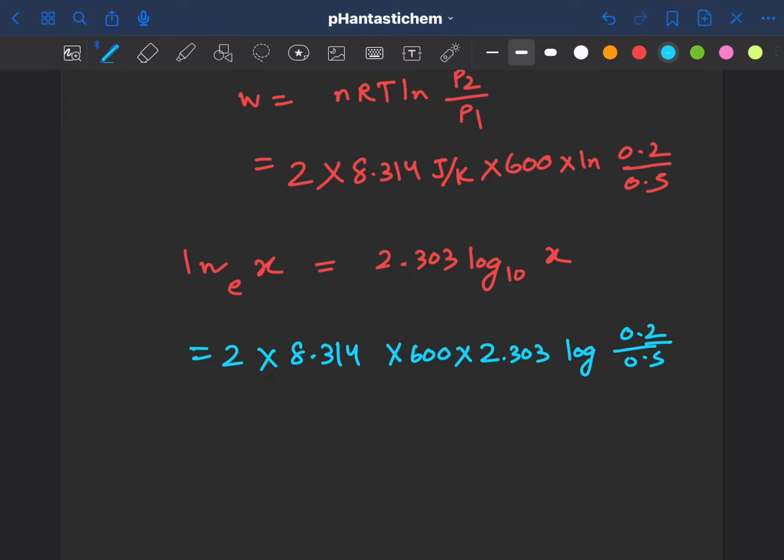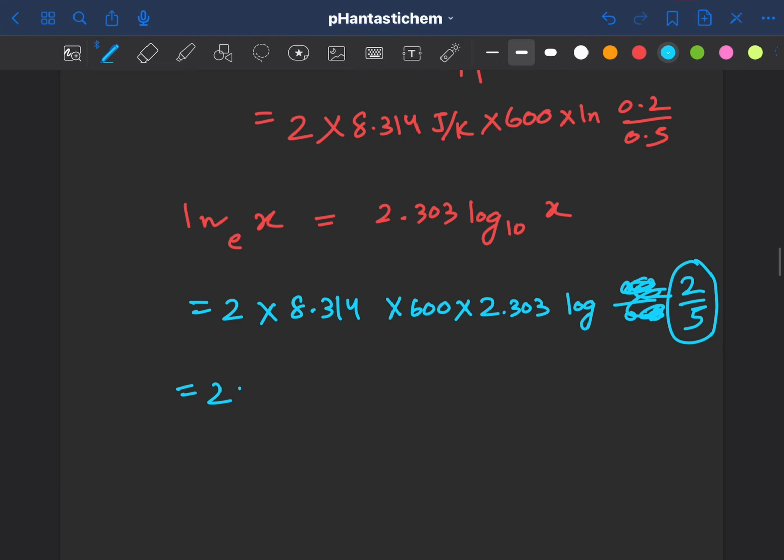So 0.2 by 0.5 is basically 2 by 5, right? And log of 2 by 5 is basically, so we can write this as 2 into 8.314 into 600 into 2.303 into, and log of a by b is log of a minus log of b. So this is log of 2 minus log of 5.